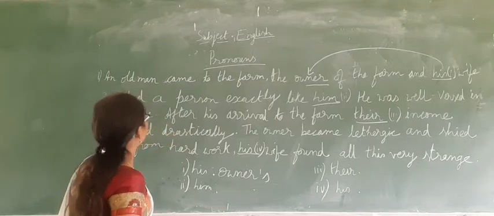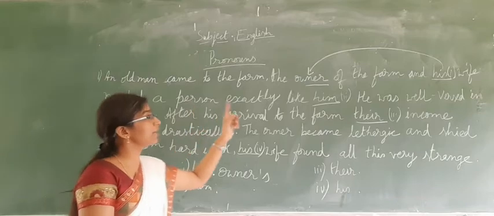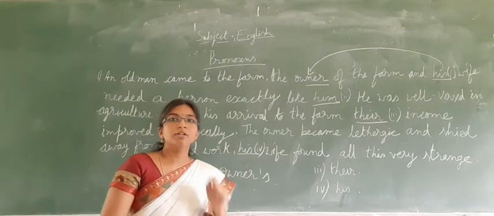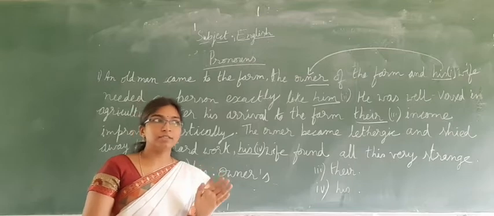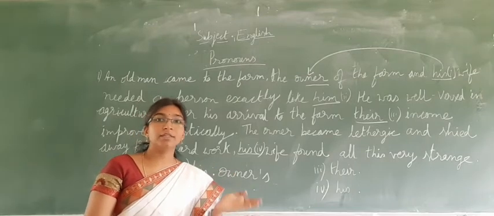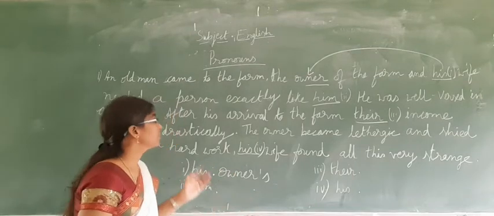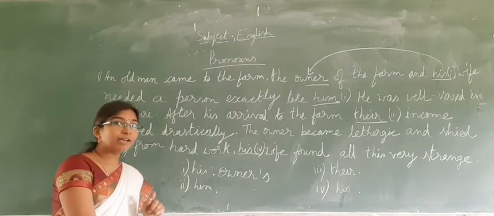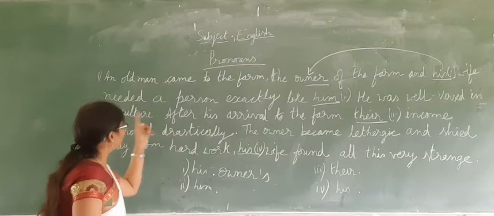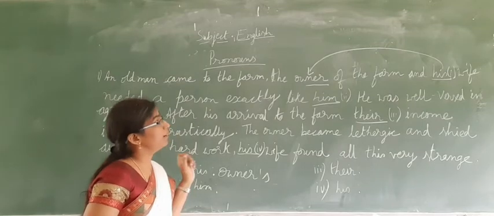And his wife needed a person exactly like him. Him means whom? Exactly like him. An old man came to the farm.